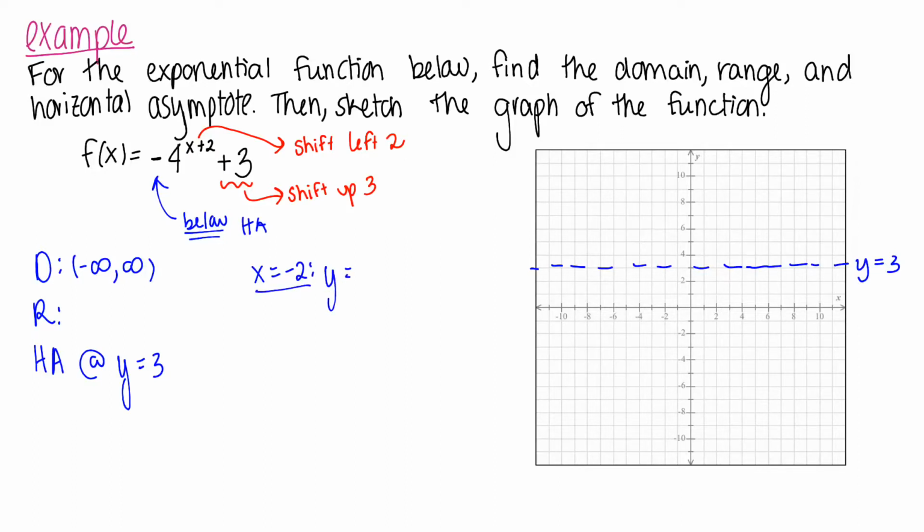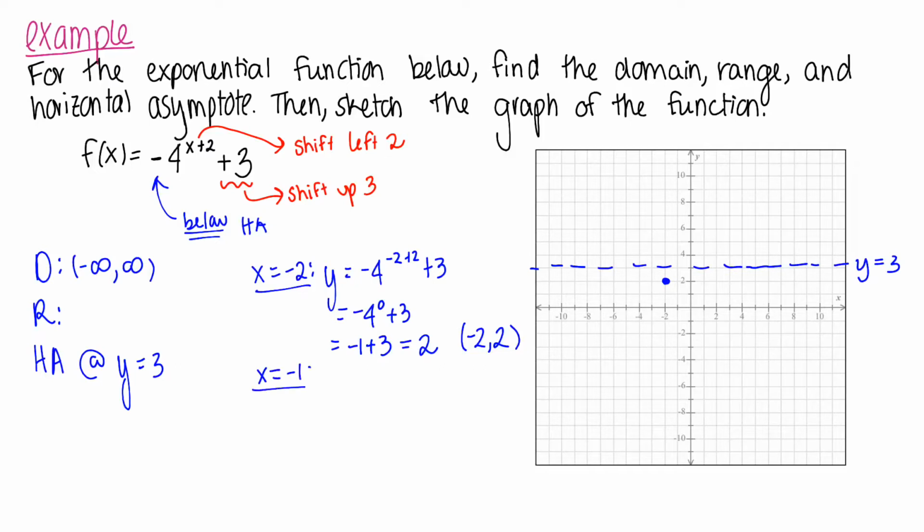So y equals -4 to the -2 plus 2, plus 3. So this is -4 to the 0 plus 3, -1 plus 3, which is 2. So this is the point -2, 2. That's right here.